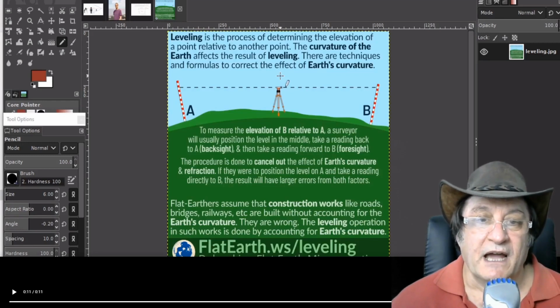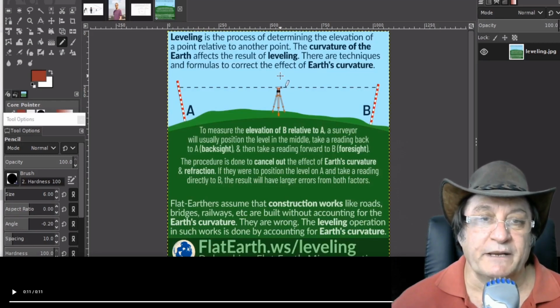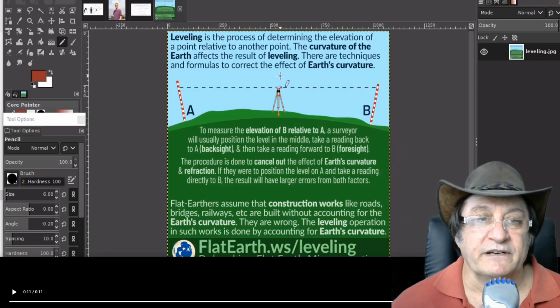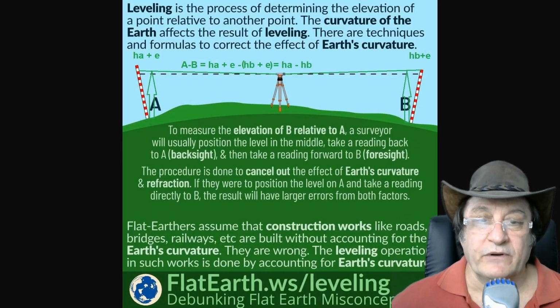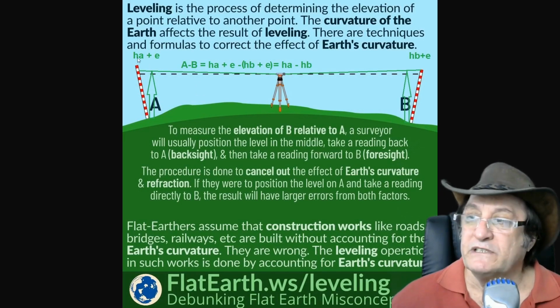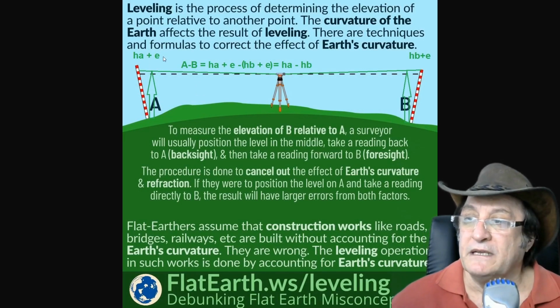So you take a distance halfway between A and B, and then you sight along between A and B. And if A and B are level, then the difference will be 0. So let's have a look at that. Now there will be an error which is represented by small e for this instrument.